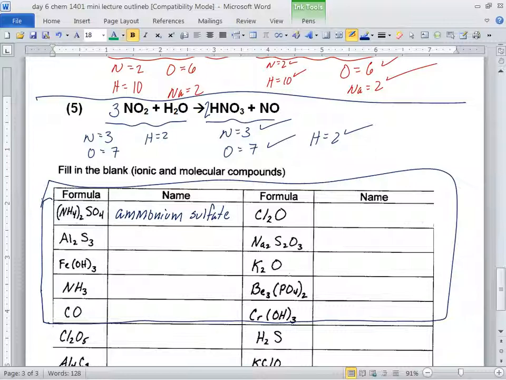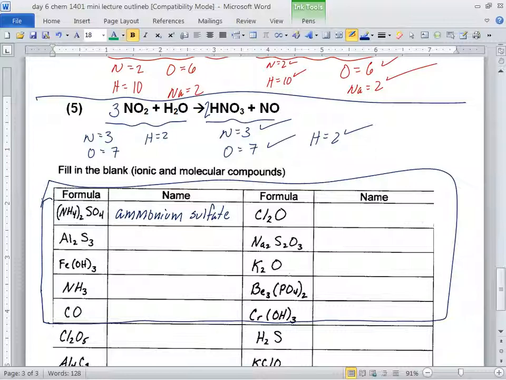When it comes to naming the ones after number 12, the transition metals, we had to put the Roman numeral. You put the Roman numeral for all the metals, except for the ones where their charge is fixed. That means group 1 and group 2 don't get Roman numerals because their charge is fixed.